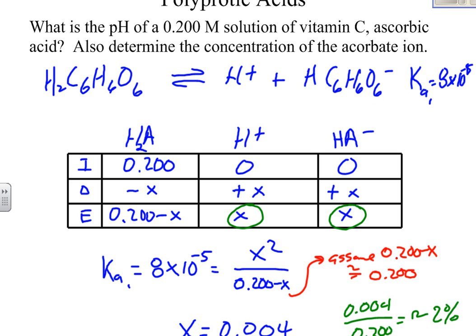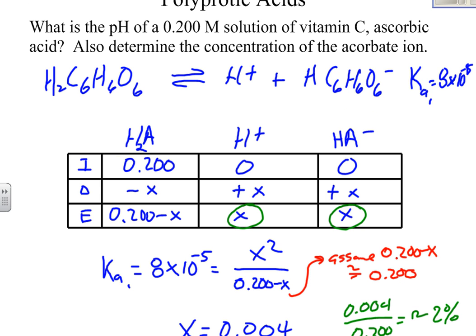So that first one up here where we figured out that x was equal to 0.004, which is the H plus concentration. Any subsequent ionization of hydrogens won't significantly change that value. So you can just do this first one to figure out the pH.